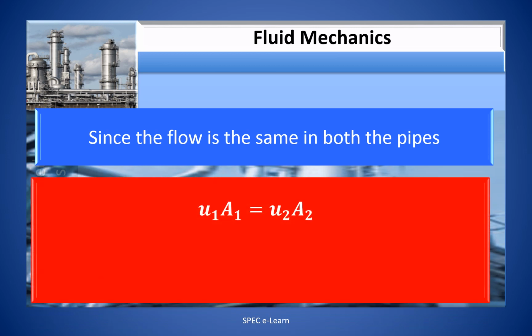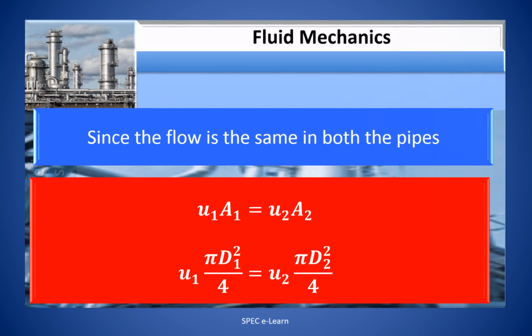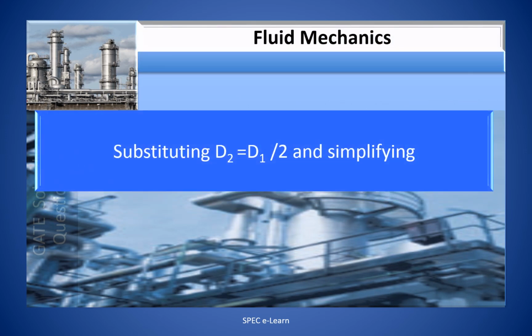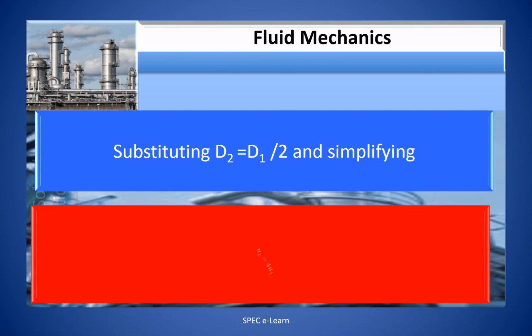So that is u1 into pi d1 squared by 4 equal to u2 into pi d2 squared by 4. Substituting d2 equal to d1 by 2 and simplifying, we get u2 equal to 4u1.